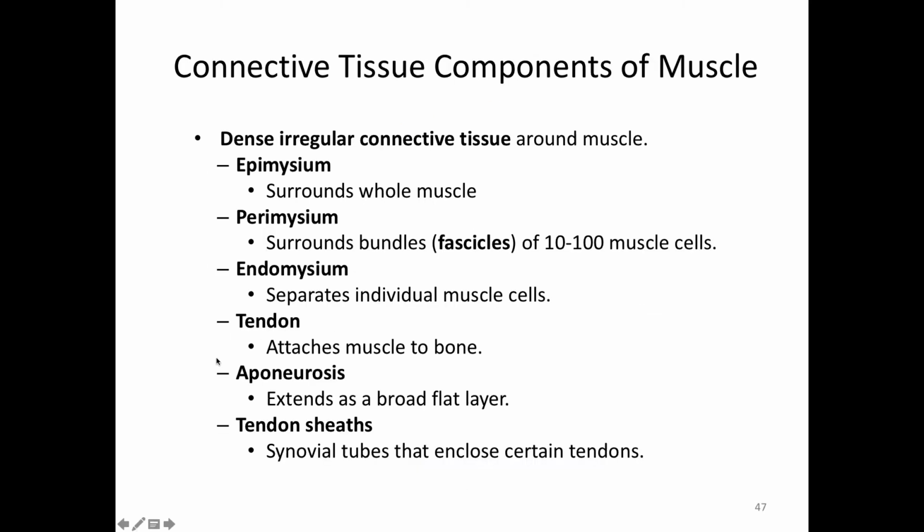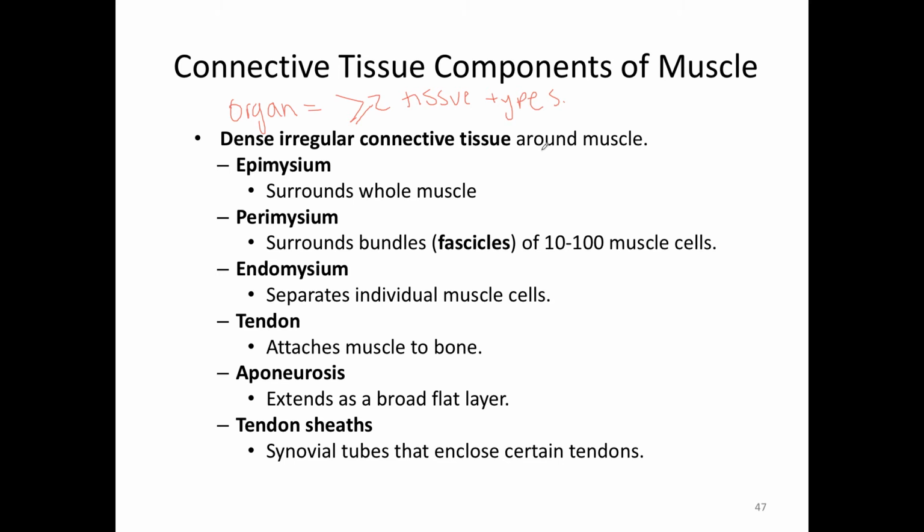Speaking of dense irregular connective tissue, here we have a list of the connective tissues of a compound muscle organ. The muscle is called an organ because, remember, an organ is anything made of two or more tissue types, greater than or equal to two tissue types.